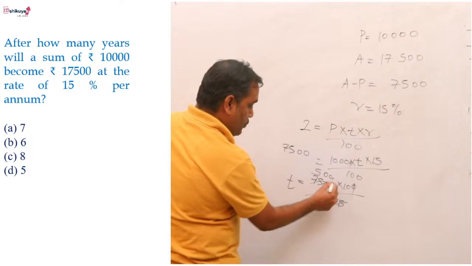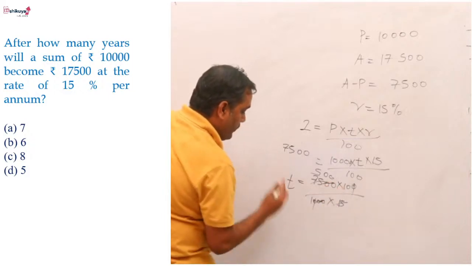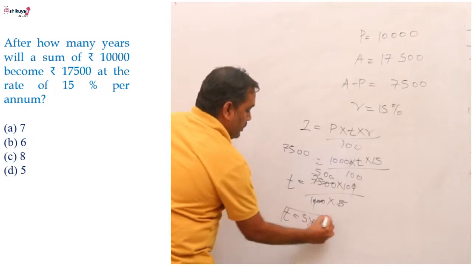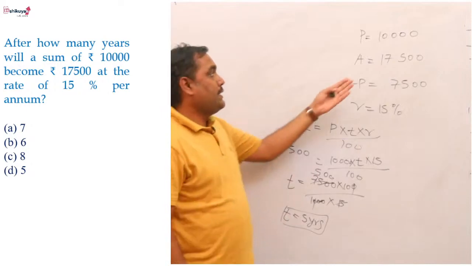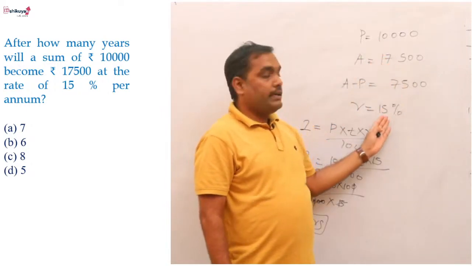So the 20s get cancelled, the 10s get cancelled. So the number of years T we are getting is 5 years. So after 5 years this principal amount becomes 17,500 with a rate of interest of 15%.